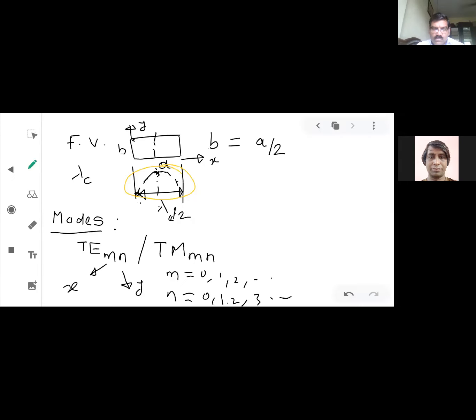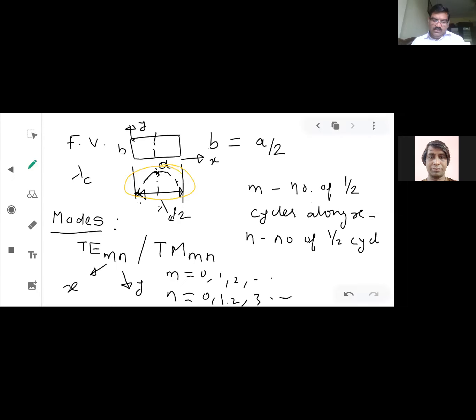Okay, but the meaning of m and n, this you have to keep in mind. m is the number of half cycles along x, and n is the number of half cycles along y.